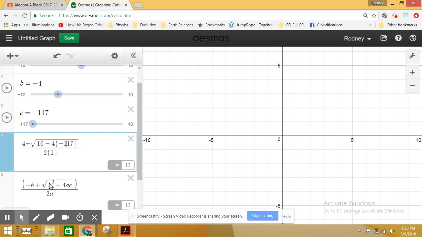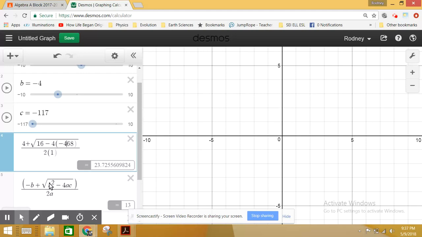So 4 times negative 117 is going to end up being, well, 4 times 7 is 28, so replace that with an 8. 4 times 1 is 4, but we carried the 2, so that's 6. And then 4 times 1 is 4.